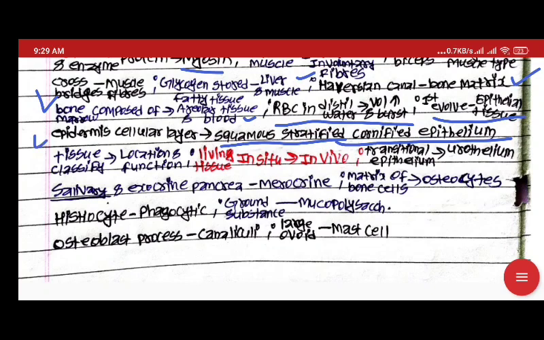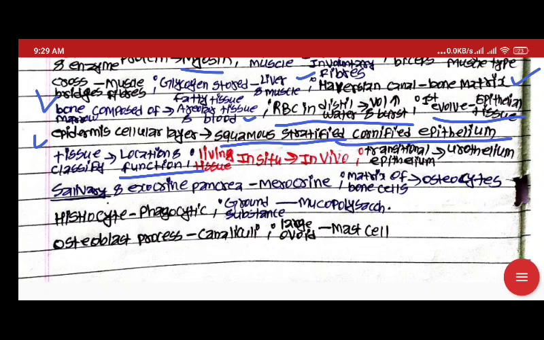Tissue classification. Now we have studied this in the previous lecture and at the start also in the chat topic: tissue classification on the basis of location and function, and its four types are epithelial, nervous, muscular, and connective.